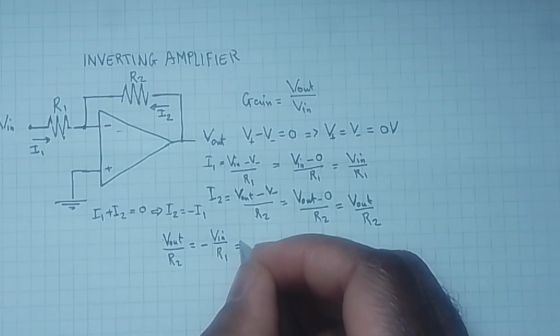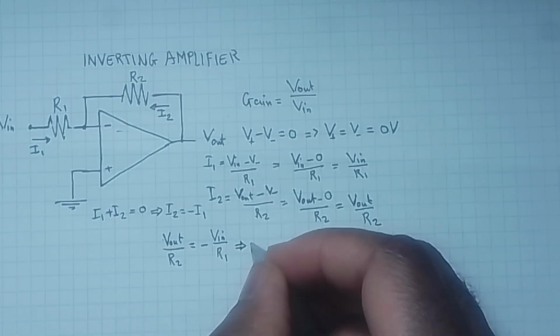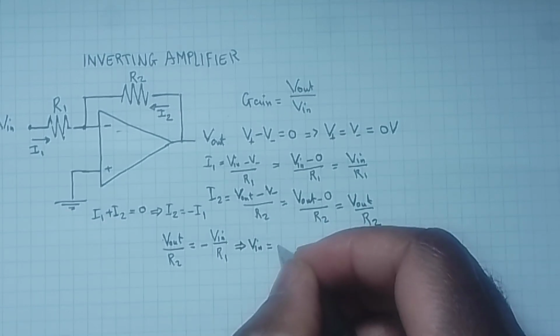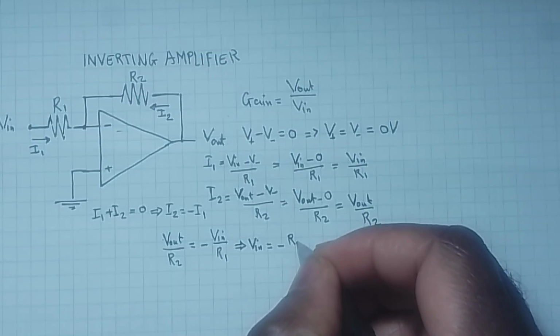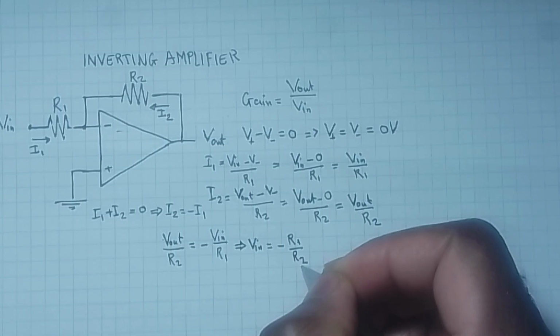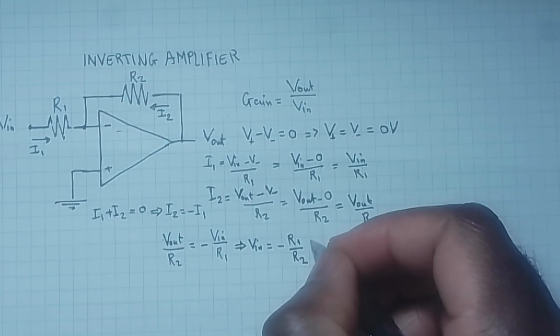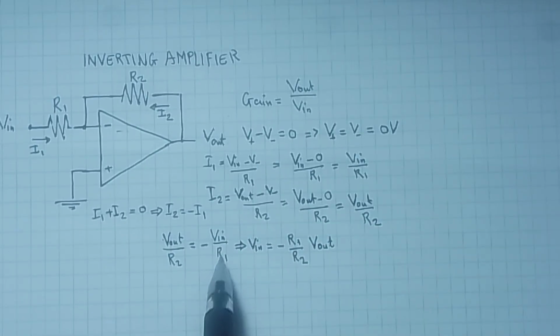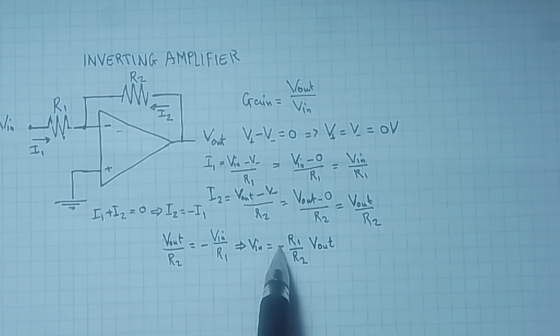Then we can derive V in from here, which will be equal to minus R1 over R2 times V out. We just multiply both sides by R1 and then move the negative sign there.